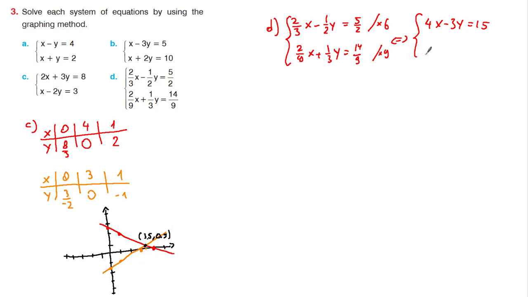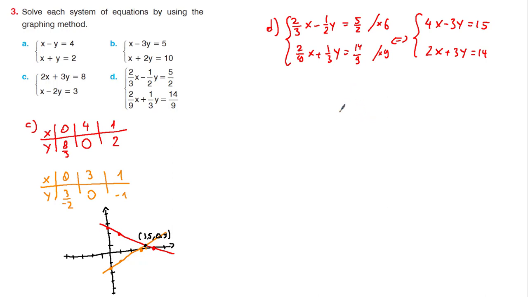And the second equation would be 2 over 9 times 9, that's just 2x, plus 1 over 3y times 9, that's 3y, equals 14. Well, now we just need to take some points here. You can clearly see using the elimination method would have been way easier in this case, but we have to use the graphing method again.